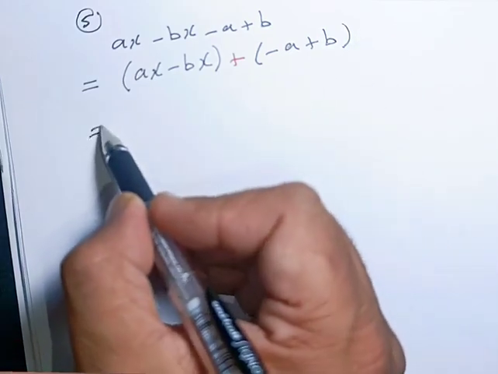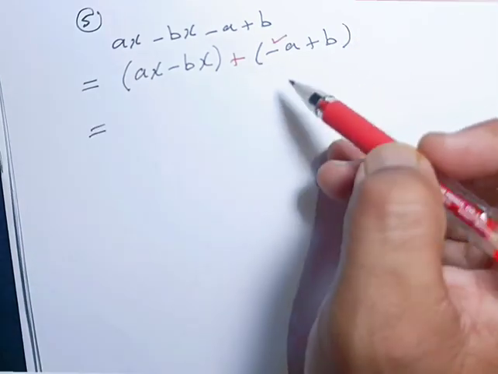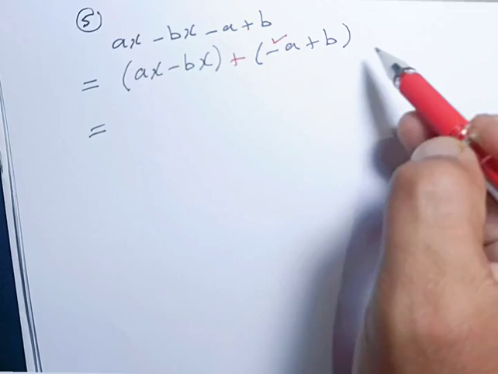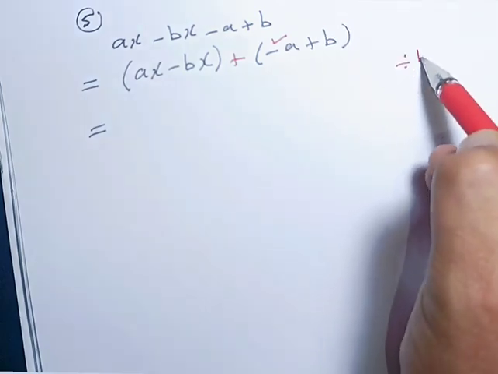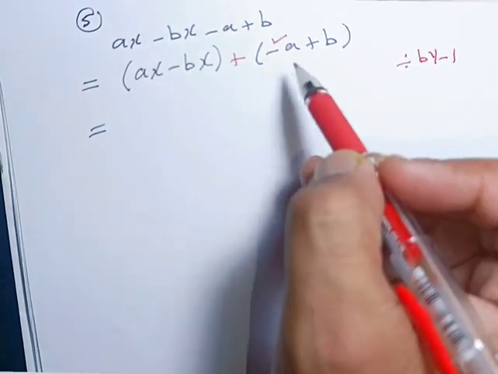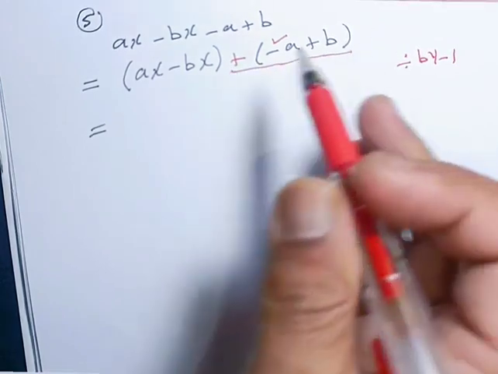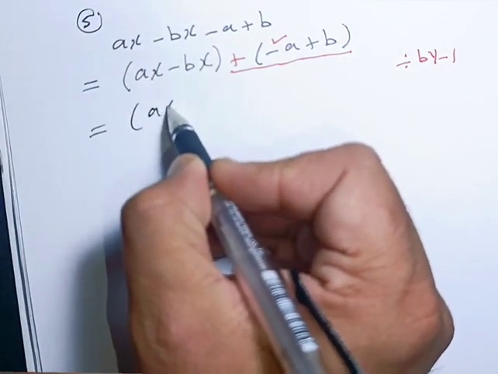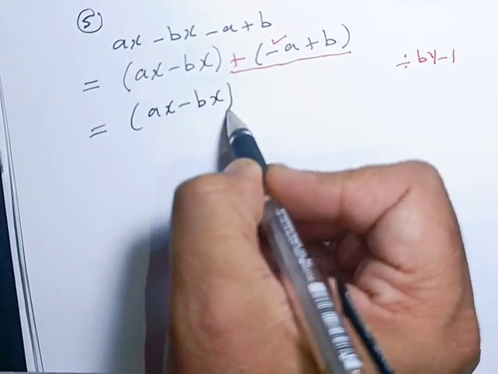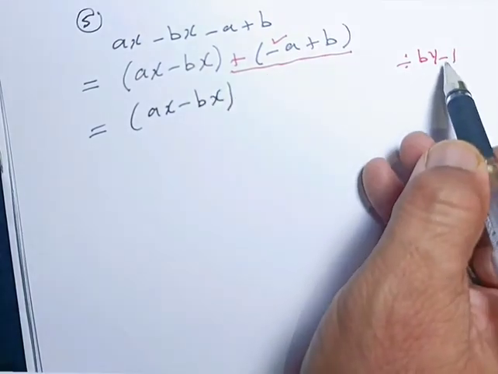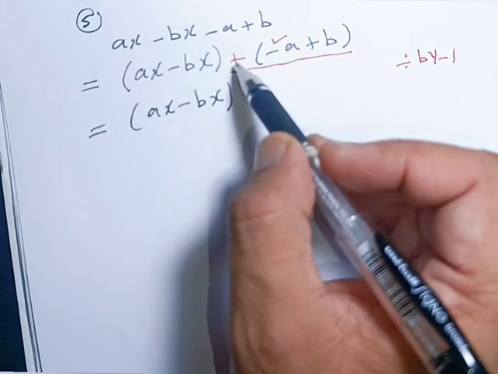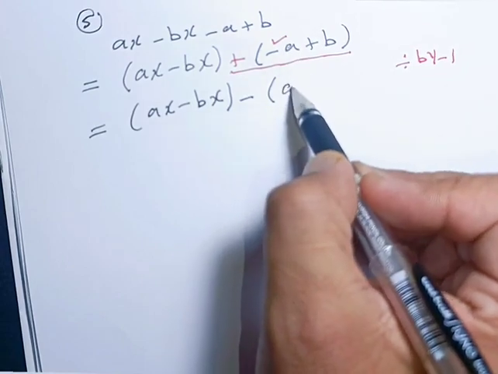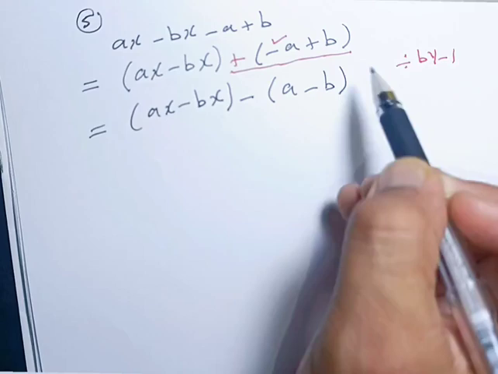Now I can see in the second bracket the first term's coefficient is negative, so I have to divide by -1. I need to modify this second bracket. So if you divide the whole term by -1, positive becomes negative, and this negative becomes positive, positive becomes negative.